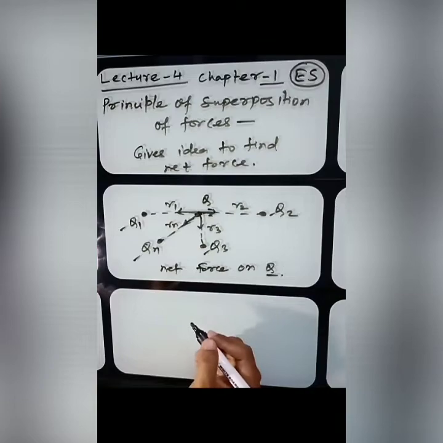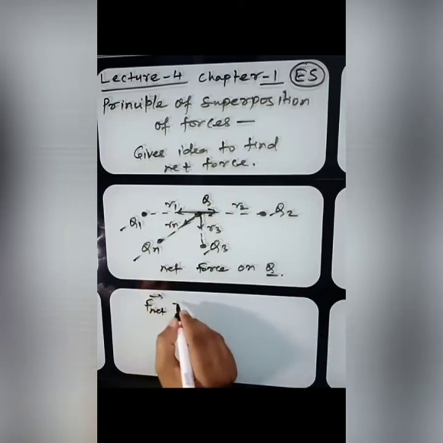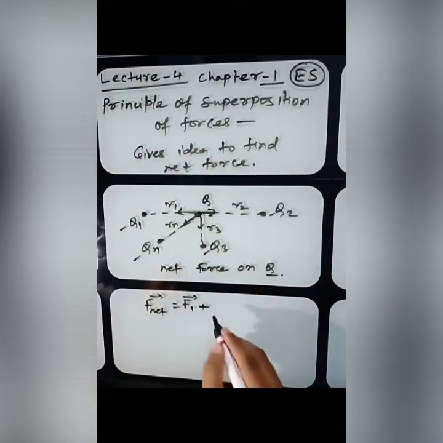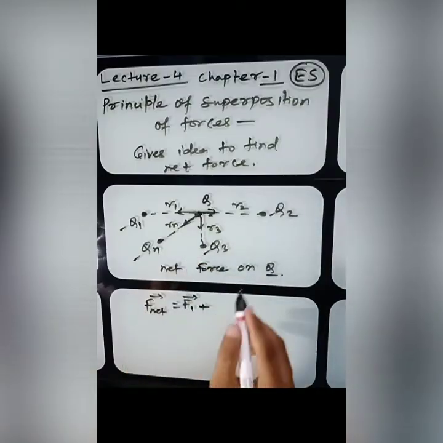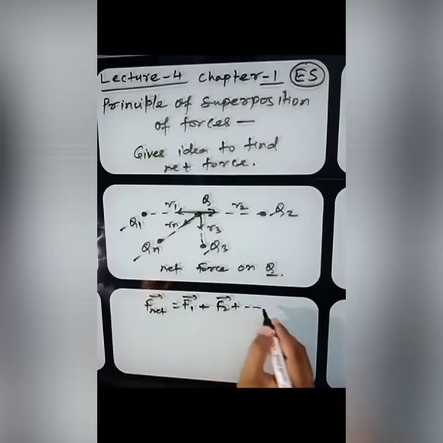Force is a vector quantity, so we can write the net force as the vector sum of all the individual forces acting on the charge Q due to the different charges, F1 plus F2 and so on up to Fn.